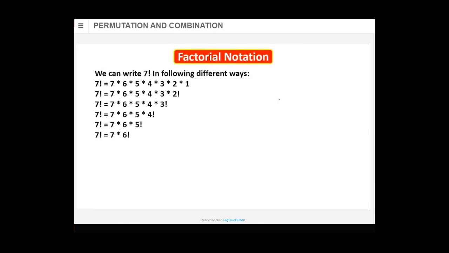Okay, next. So we can write n factorial as n factorial is equal to n into n minus 1 factorial. जैसा 7 factorial इधर लास्ट केस में मैंने 7 factorial कैसे लिखा के दिखाया आपको. 7 factorial is 7 into 6 factorial. Similarly, you can write n factorial as n into n minus 1 factorial.